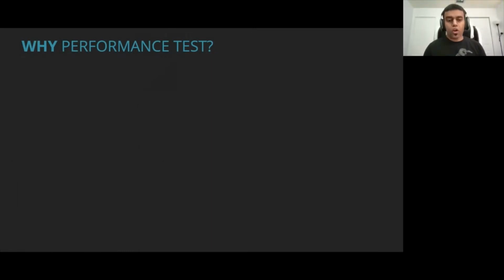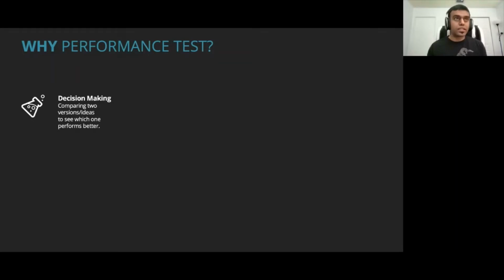In all of our organizations and projects that we might have worked on, at a high level, we kind of know why performance testing happens. It's either to make better decisions when you're comparing two different ideas, to see which one performs better, what is the path you need to take.